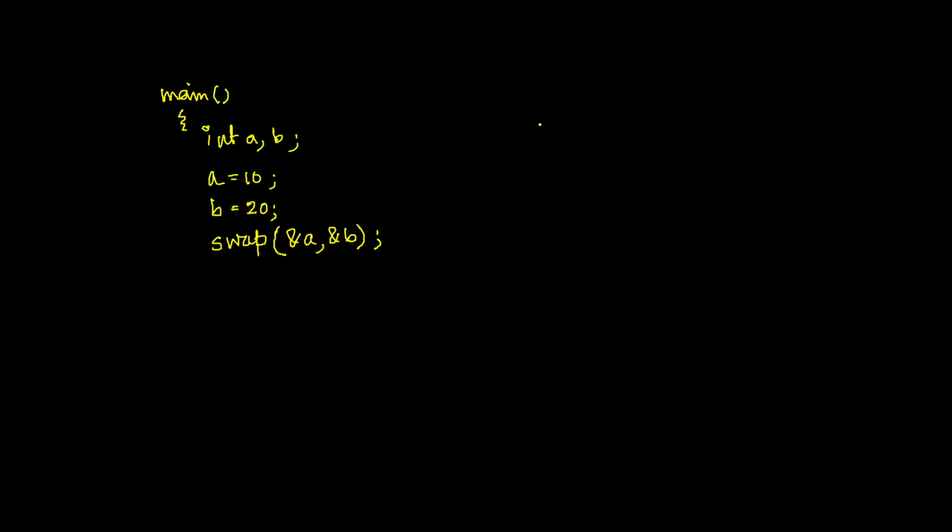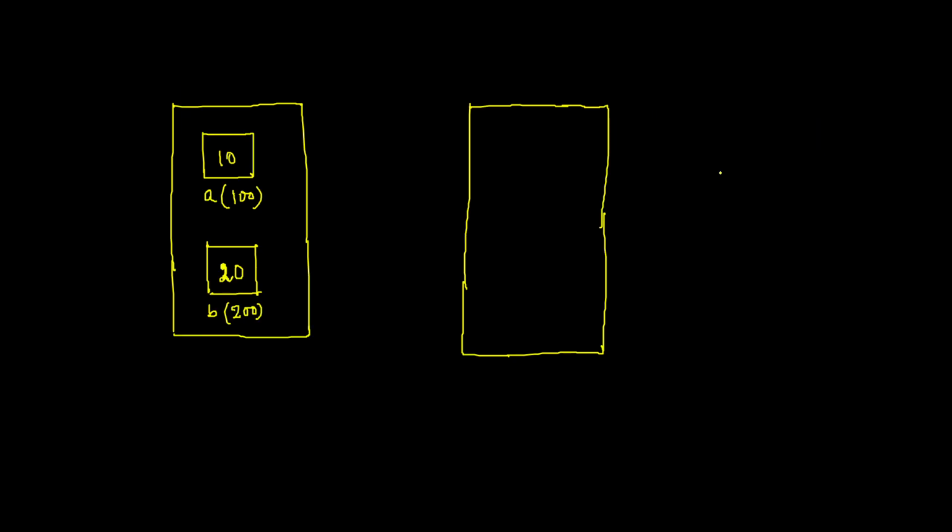So if we define a void function in the same way, the function return type remains the same, void swap. Since I have passed the addresses of a and b, I need two pointer variables over here to hold the addresses. So I have this x and y here.